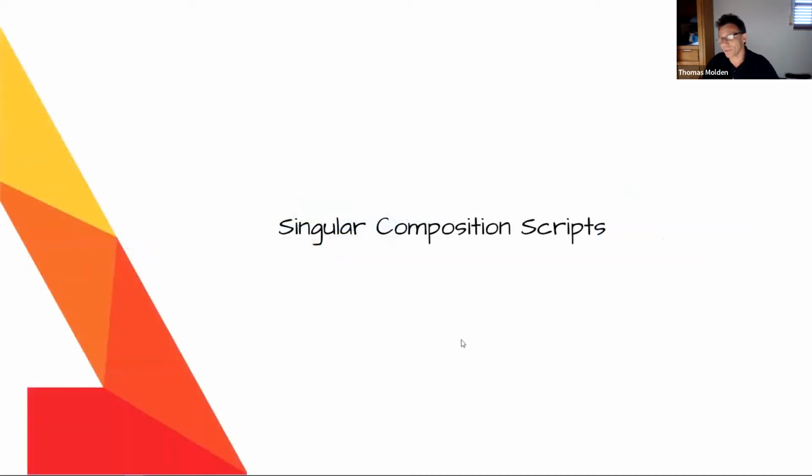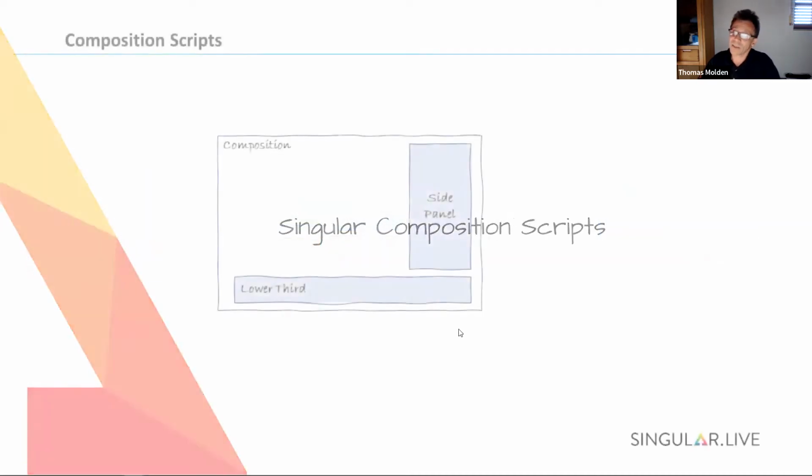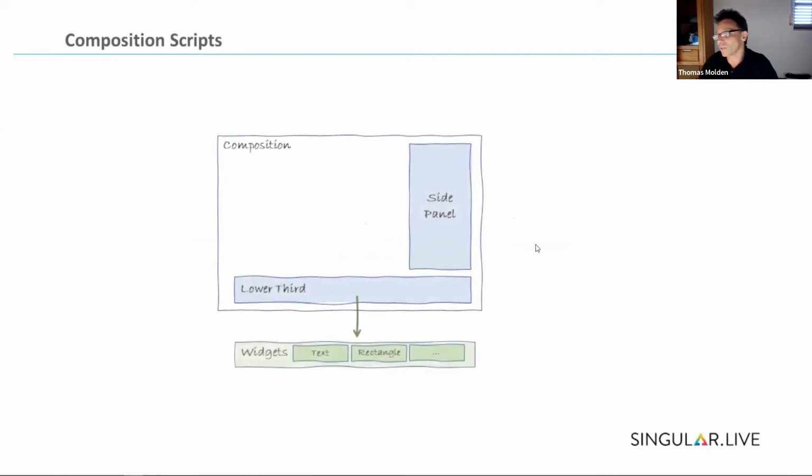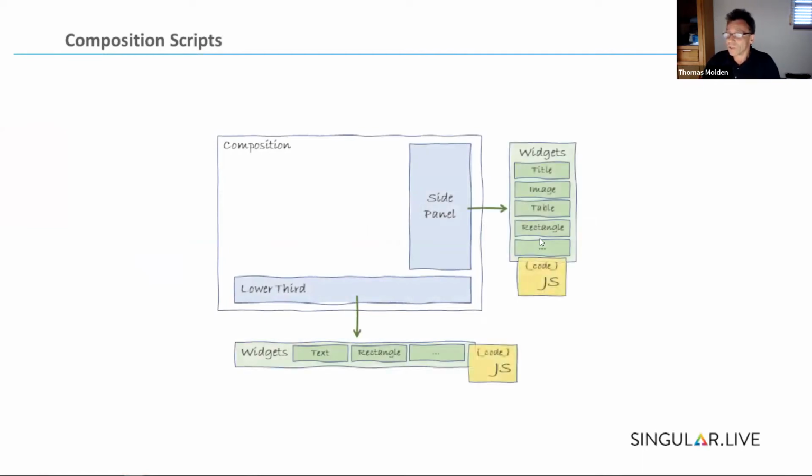So composition scripts, how are they built and how do you actually use them? Composition scripts can be added to each subcomposition that you define, and from there, they access the widget properties. You can also add a root composition script at the root level.